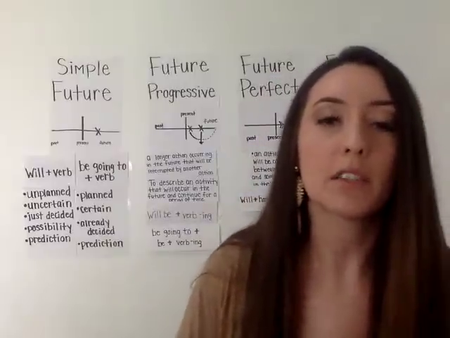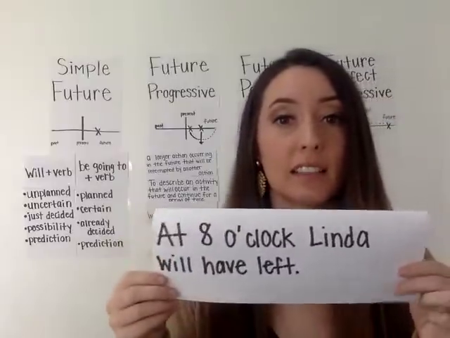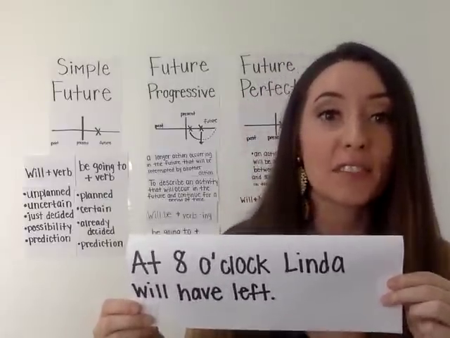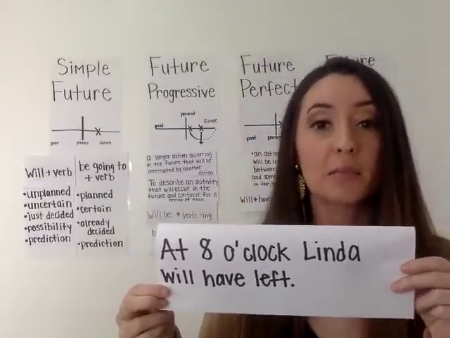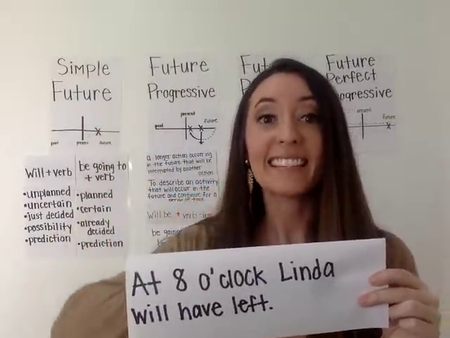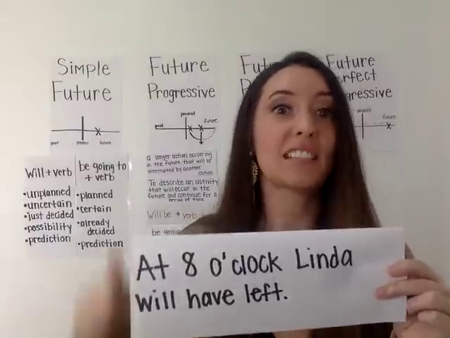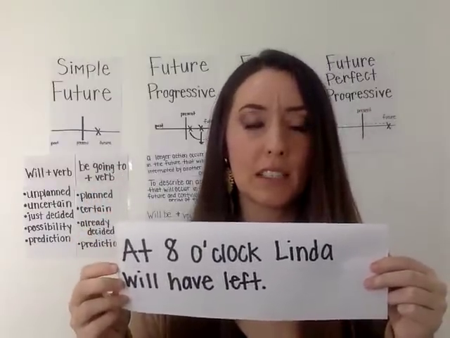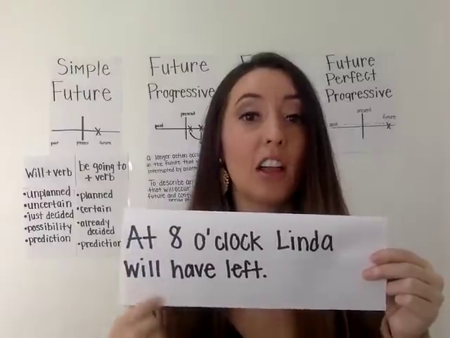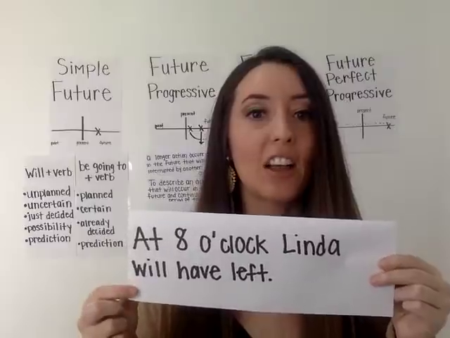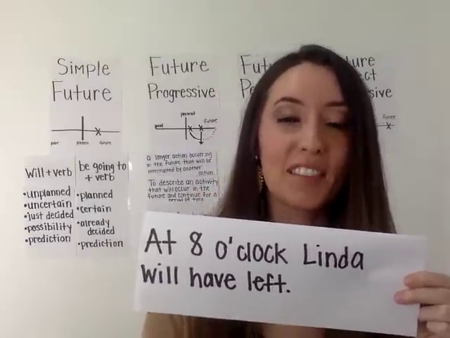However, when we use future perfect in this sentence, at 8 o'clock, Linda will have left. This is future perfect. This means when the clock hits 8, Linda is already gone. She left 10 minutes ago, okay? Do you see the difference between these two? So at 8 o'clock, Linda will leave, means she's still in her office. At 8 o'clock, Linda will have left.